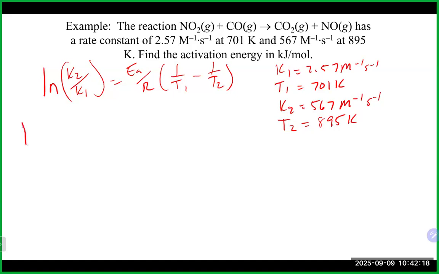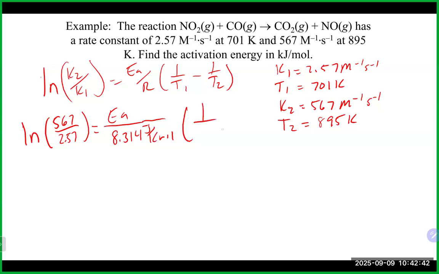So here we would have the natural log of 567 divided by 2.57 equals my E of A, which was what we're looking for in this case. Our R, 8.314 joules per Kelvin per mole. 1 over our initial temperature, 701, since it was already in Kelvin, and our second there, 895 Kelvin here.